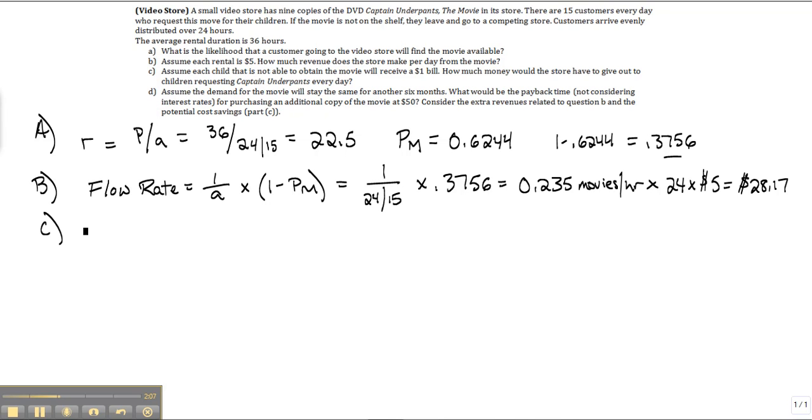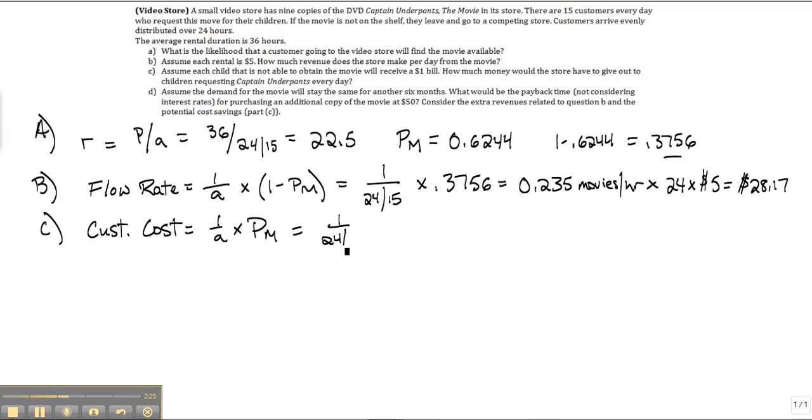For part C, we now need to determine how many cases of children coming in where there was no movie available. So for that, we'll use the customers lost formula, which is equal to 1 over A times the probability that no movies were available.